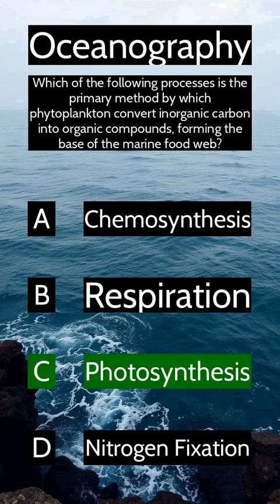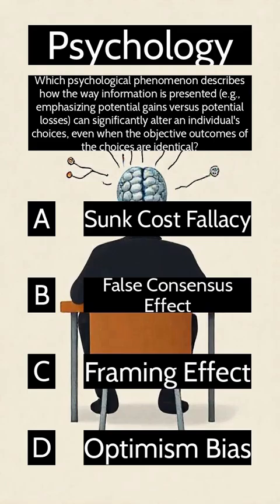Answer C. Photosynthesis. Which psychological phenomenon describes how the way information is presented, e.g., emphasizing potential gains versus potential losses, can significantly alter an individual's choices, even when the objective outcomes of the choices are identical?